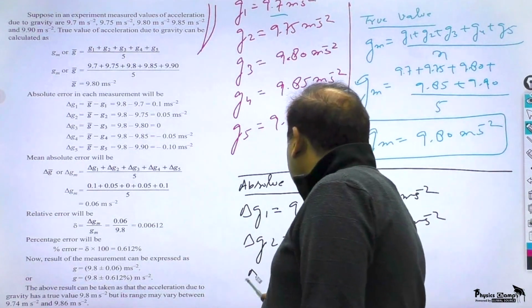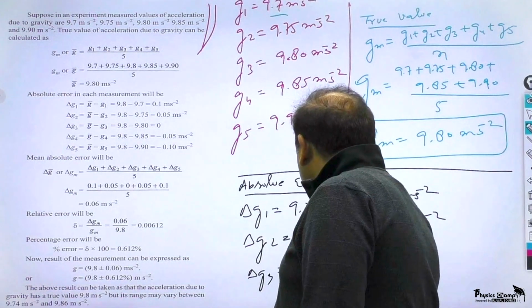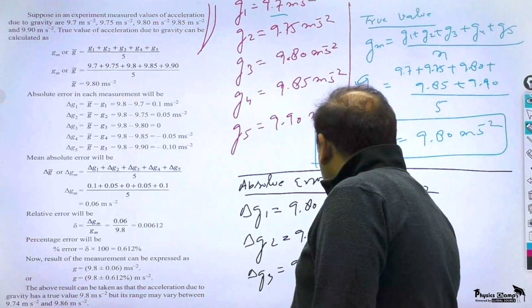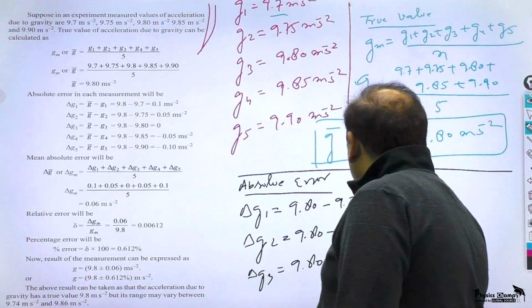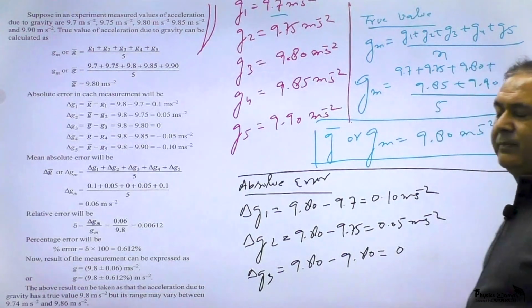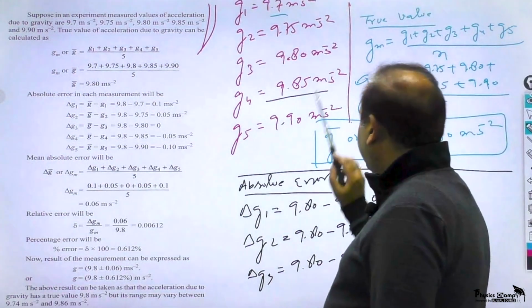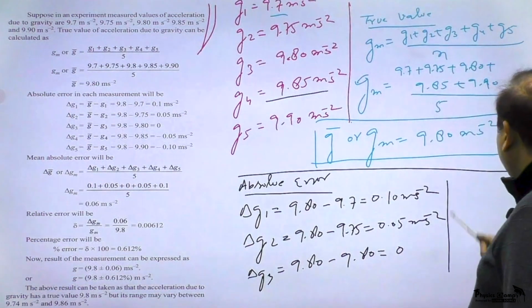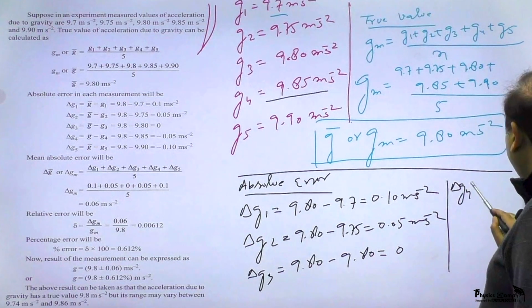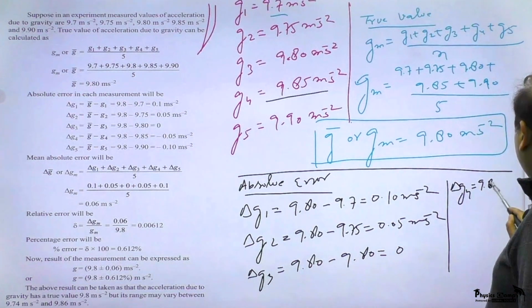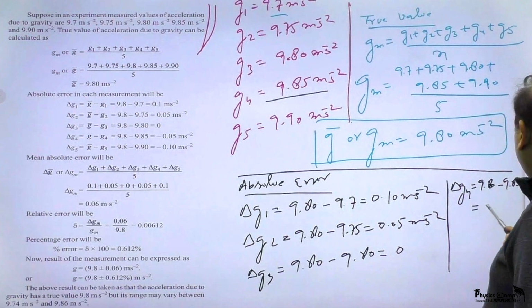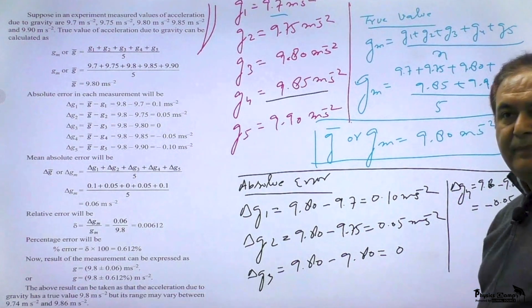Absolute error in the third reading, 9.80 minus 9.80, it is 0. Absolute error in the fourth reading, delta G4, 9.80 minus 9.85, so it is minus 0.05 meter per second square.